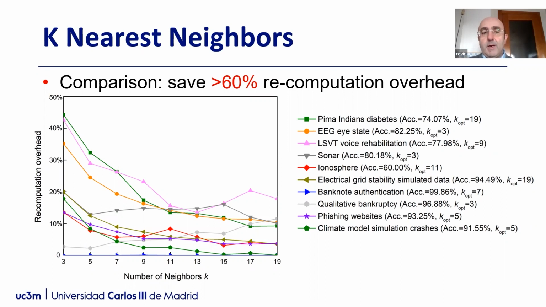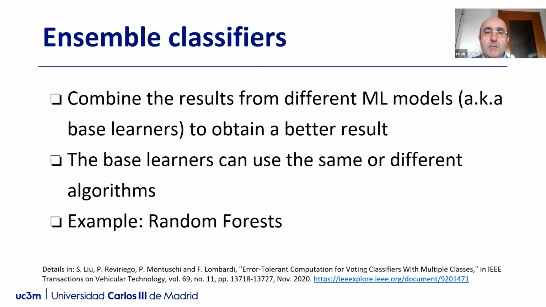This idea of seeing if the first result is already strong enough, such that a single error would not have changed the class selected, can be applied to other types of machine learning algorithms. In machine learning, one of the approaches to build a strong algorithm is to combine simpler algorithms. That is known as ensemble classifiers.